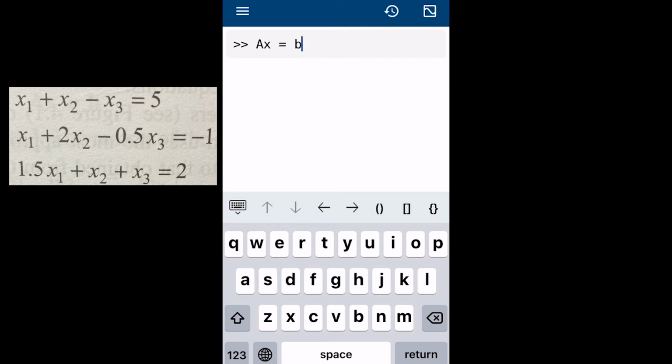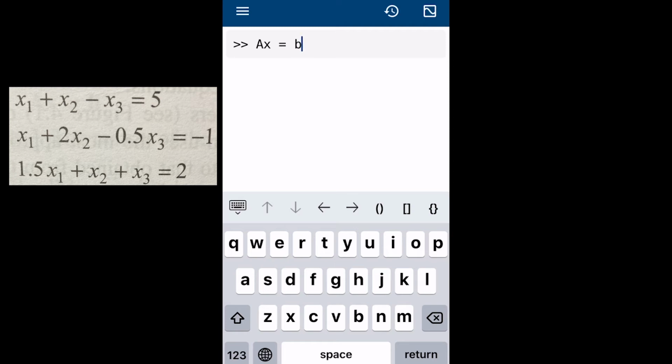So if you have Ax = b, x is a vector. Let's say the number of unknowns is 3: x1, x2, x3. So what is the size of the A matrix? It is 3 cross 3, right? And what is the size of vector B? That is 3 cross 1.